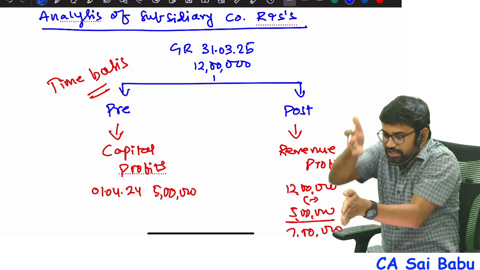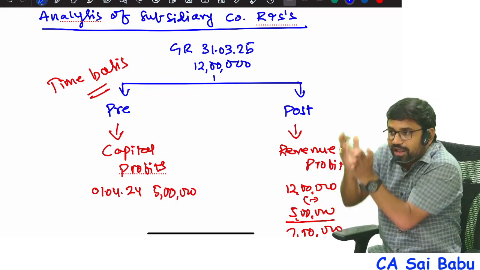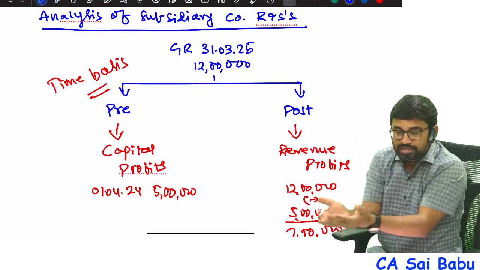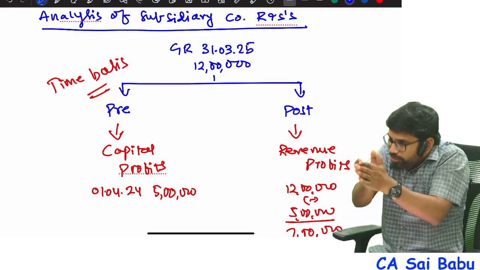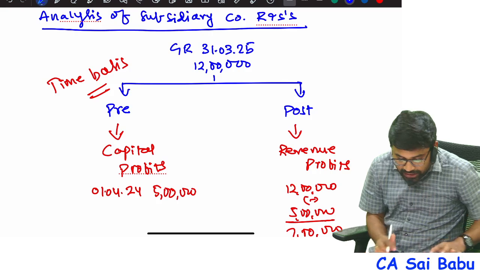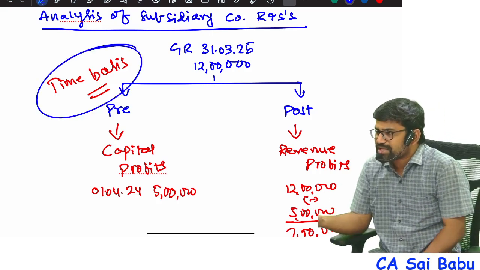On whichever date you are acquiring, till that date whatever profits are there are all pre-acquisition profits. After that, whatever profits are there are post. So to divide the subsidiary company profits into pre and post, I need the date of acquisition. Here the profits will be apportioned based on time. Assumption: we take the time basis.